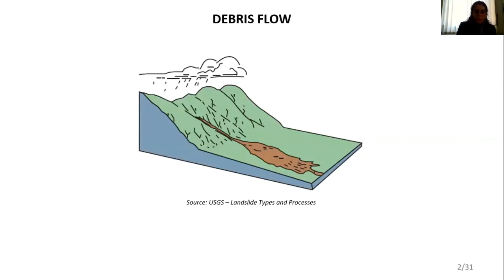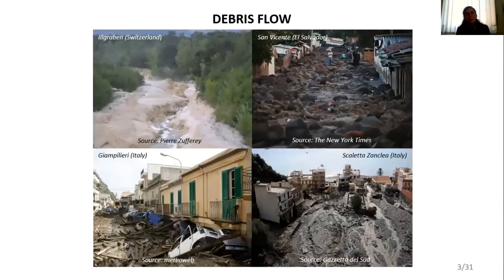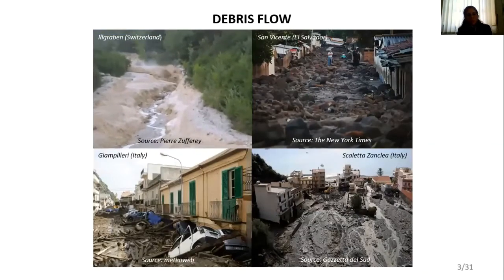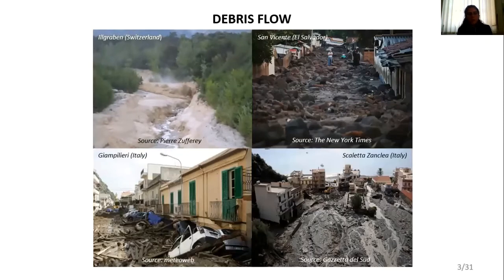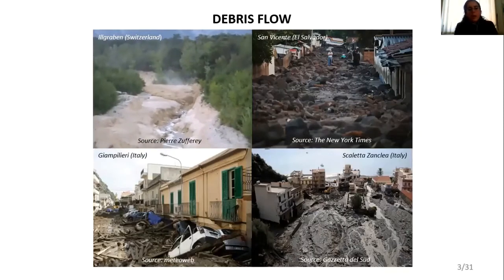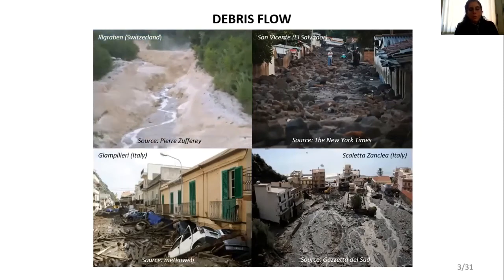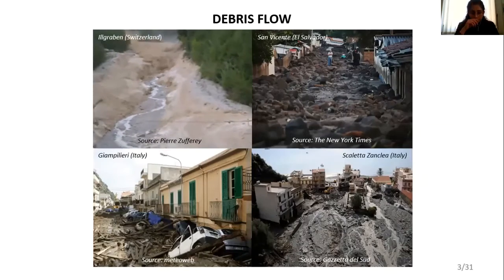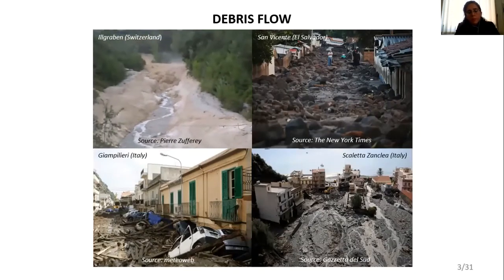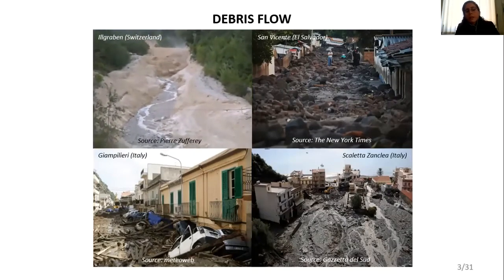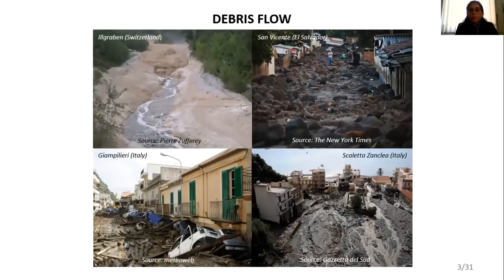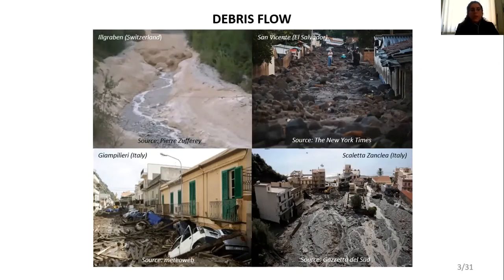A debris flow is a rapid mass movement in which a combination of loose soil, organic matter, rock, water, and air mobilize as a slurry that flows down slope. Commonly, this type of phenomena are triggered by intense surface water flow, as well as from other types of landslides.